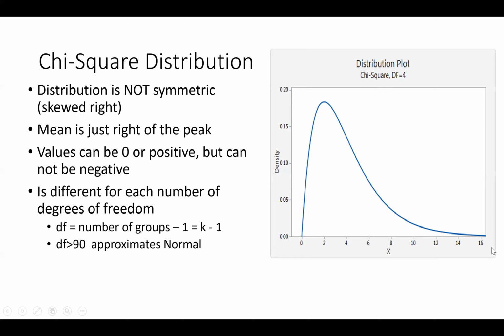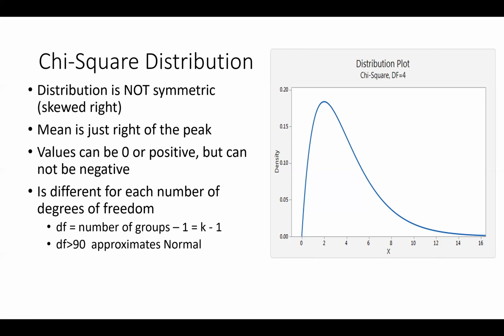The chi-square distribution is similar to the F distribution that we talked about for ANOVA. It is not symmetric. So you no longer have that guarantee of that nice bell-shaped curve with the mean in the middle, and that's a mirror image of each side. The chi-square distribution is actually skewed to the right. You have a lot of values on the low end and very few on the high end.